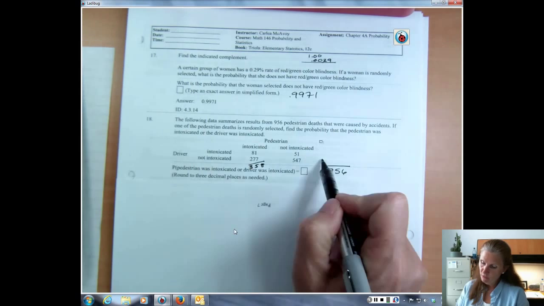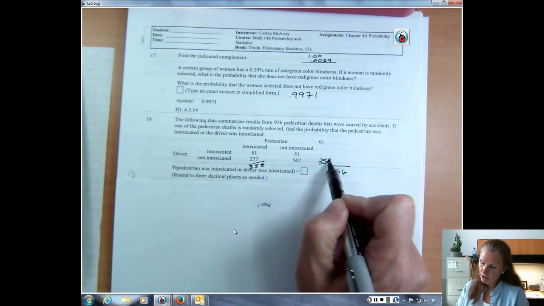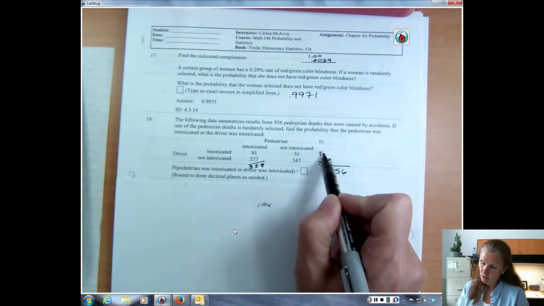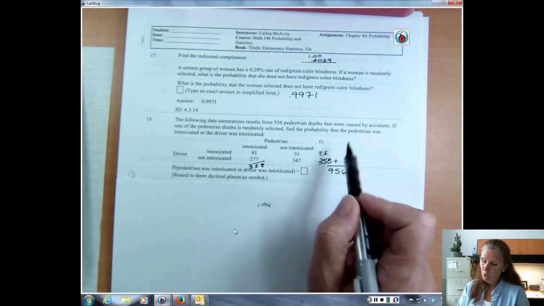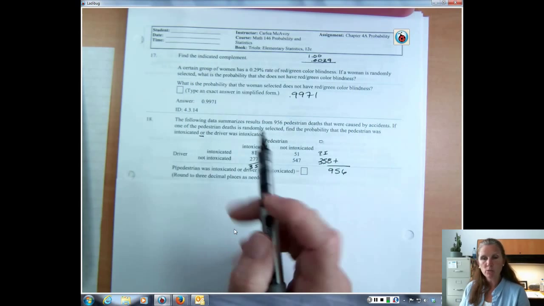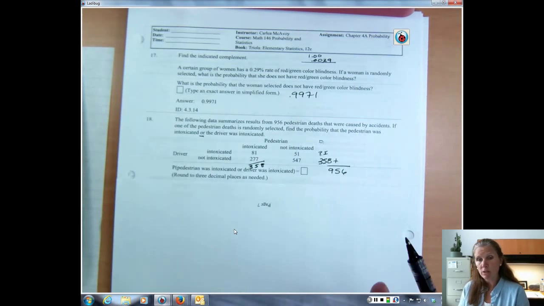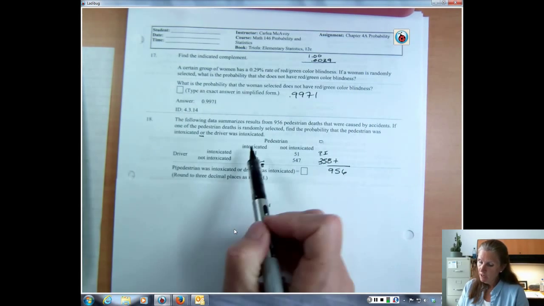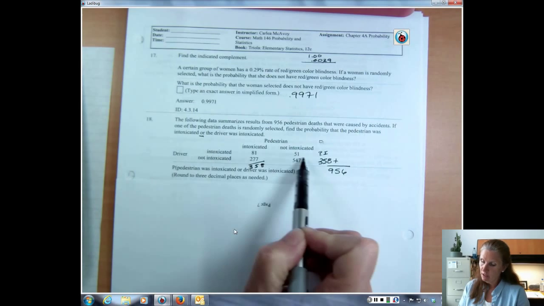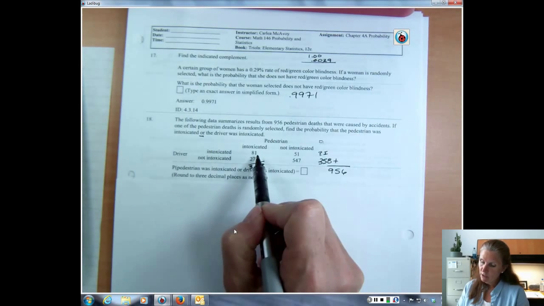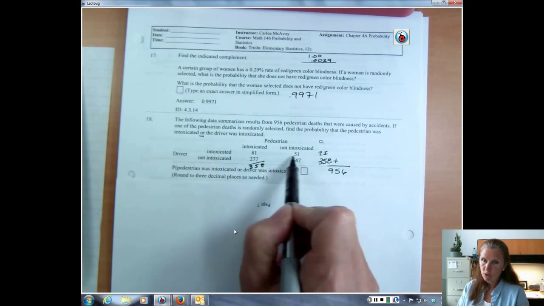So we have 358 chances that the pedestrian was intoxicated. I'm going to call that pedestrian intoxicated. But because they said or, that's an addition problem. We also want to say or maybe the other driver was intoxicated. So we want to add up the driver being intoxicated. Now if we add up the driver being intoxicated, we would get 132 across here.